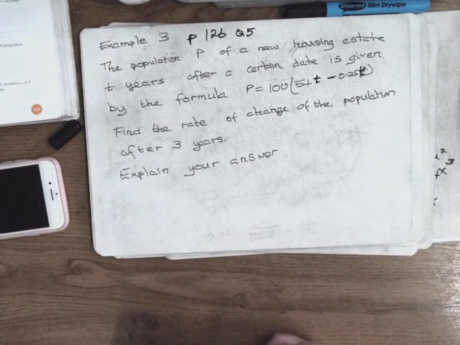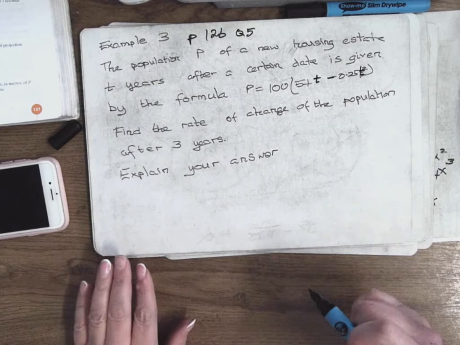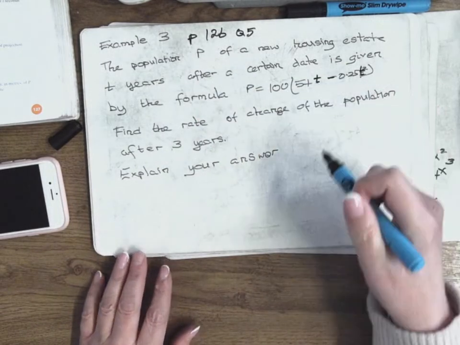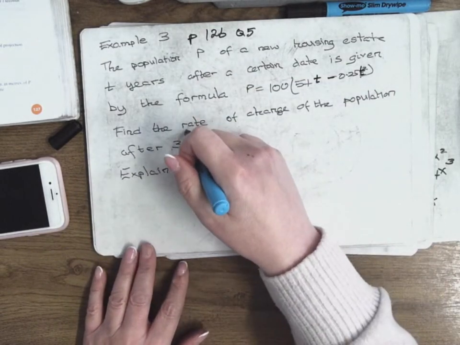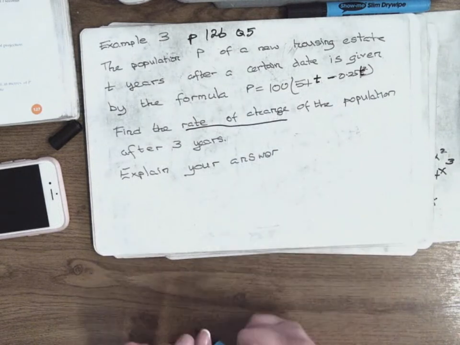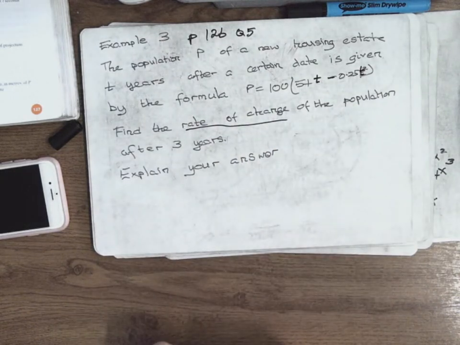Right, are we ready? So I want the population, there's a formula. I want the rate of change, so what does that mean they want me to do? Differentiate. So those are the key words you need out of that question.